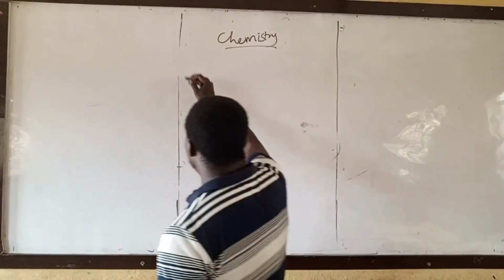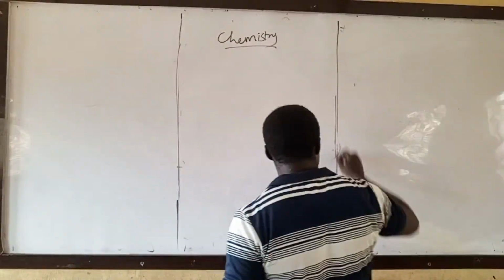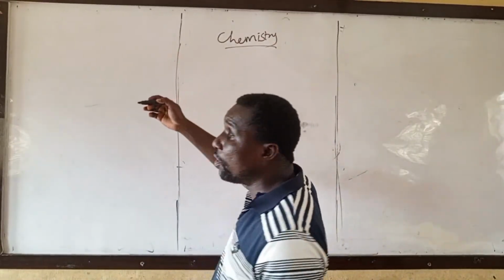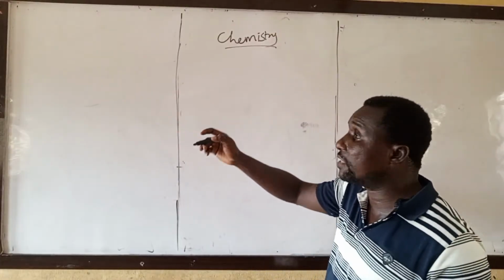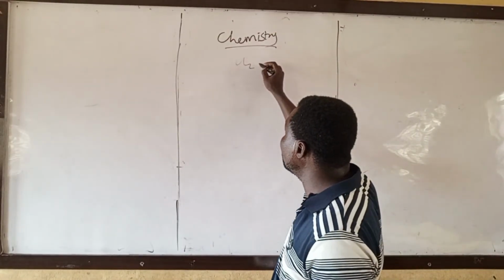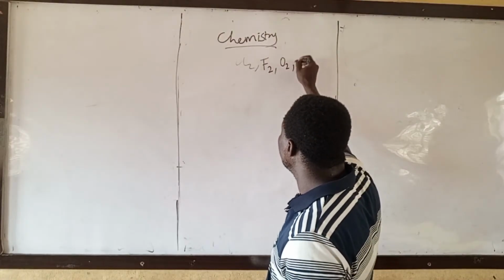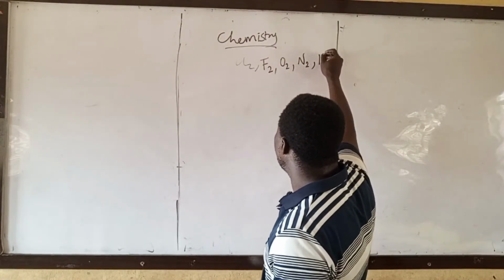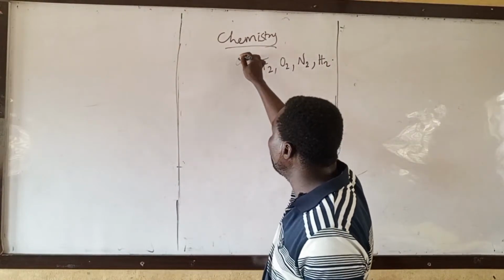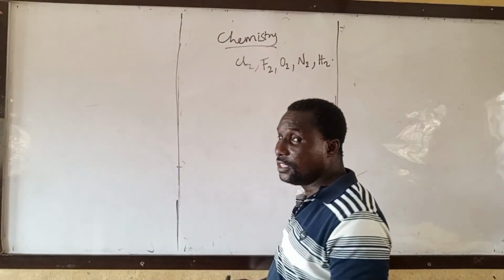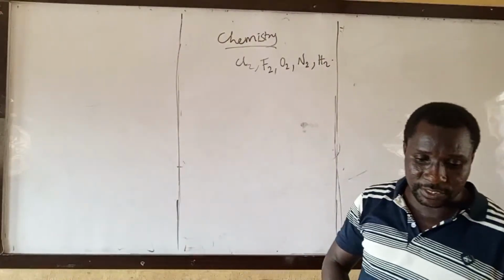Before, I told you covalent bond occurs in molecules of gases, such as chlorine gas, oxygen gas, nitrogen gas, hydrogen gas. Covalent bond occurs in all these molecules of gases.